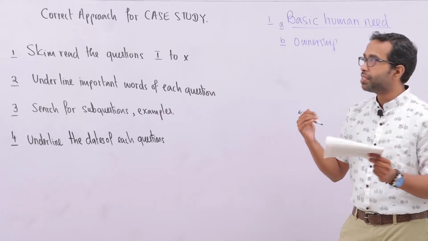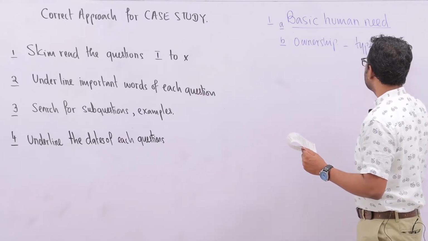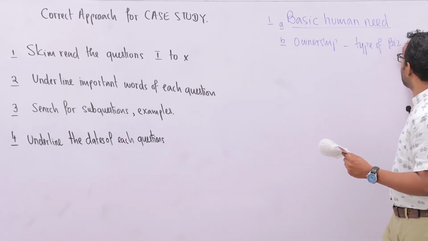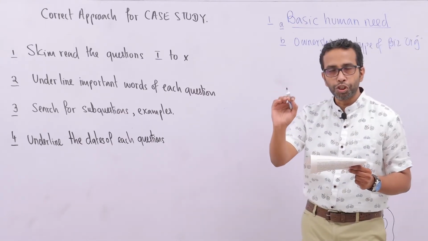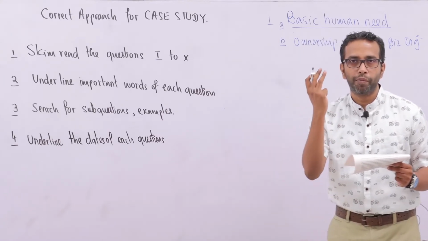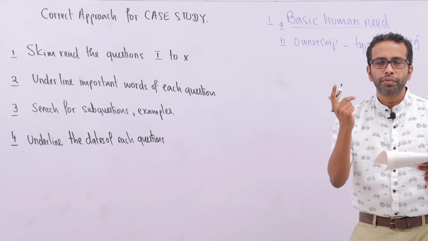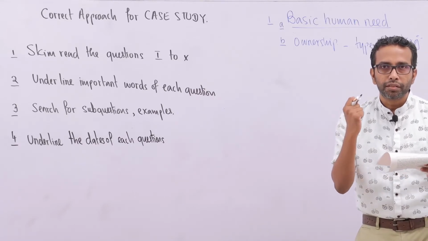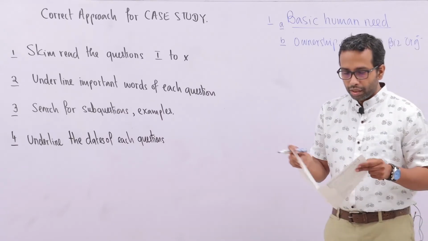What type of business organization? According to the ownership, they are asking for the type of business organization. So, probably a sole proprietorship, partnership, limited liability company, something like this comes to your mind. Clear?